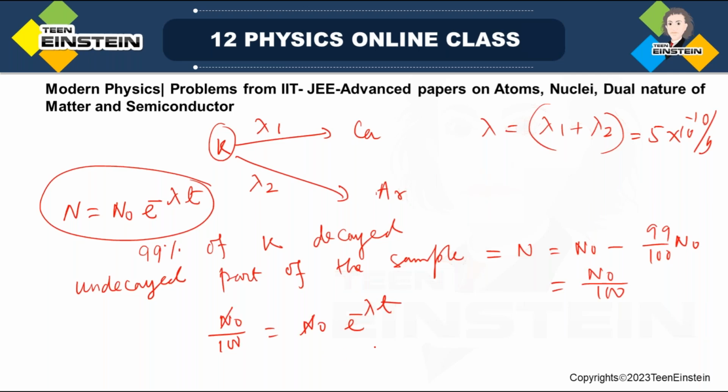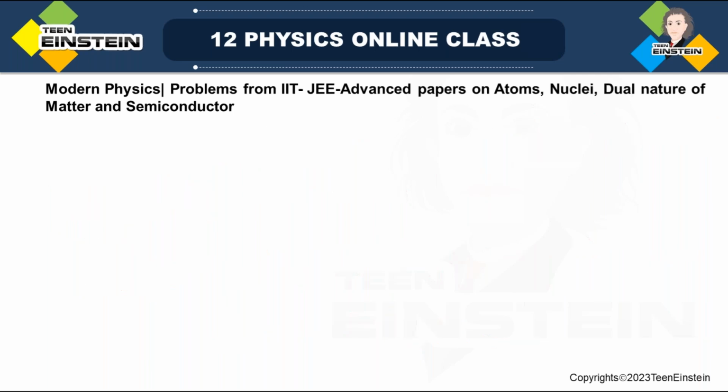This N0 will cancel, so we will get e to the power minus lambda t is equal to 1 over 100. So e to the power lambda t is equal to 100, right? If we take ln, we'll get lambda t equals ln 100. ln 100 can be written as 2 ln 10.